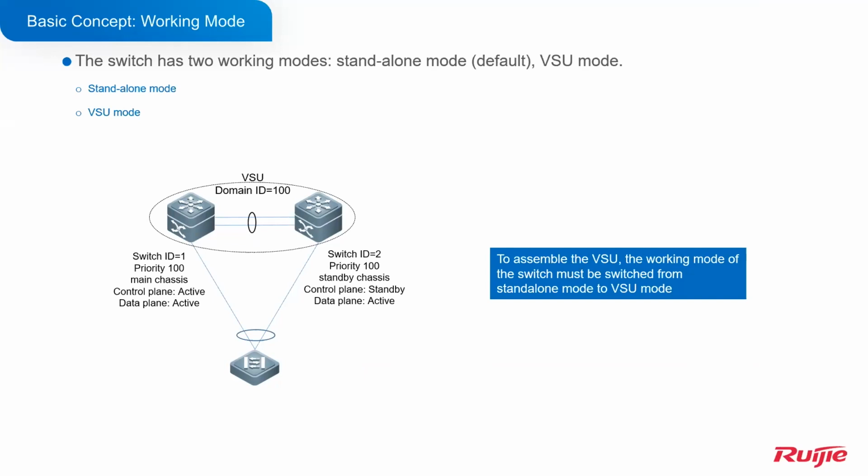So how to select who will be master and how to decide the next step, something like this. All of them are in the same VSU, and then they will negotiate the parameters. So we have to change the mode to VSU mode first.